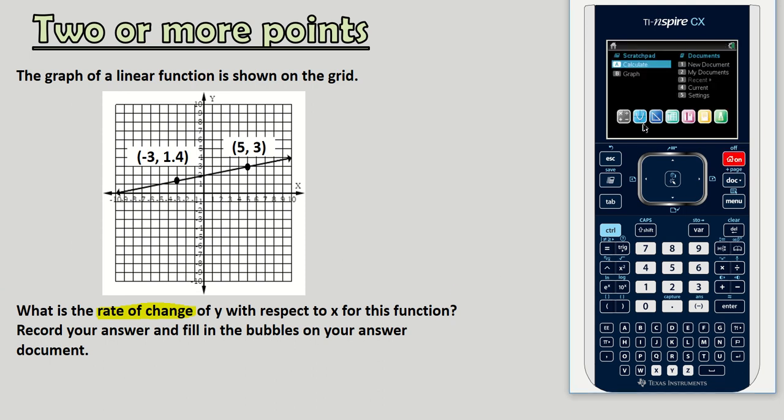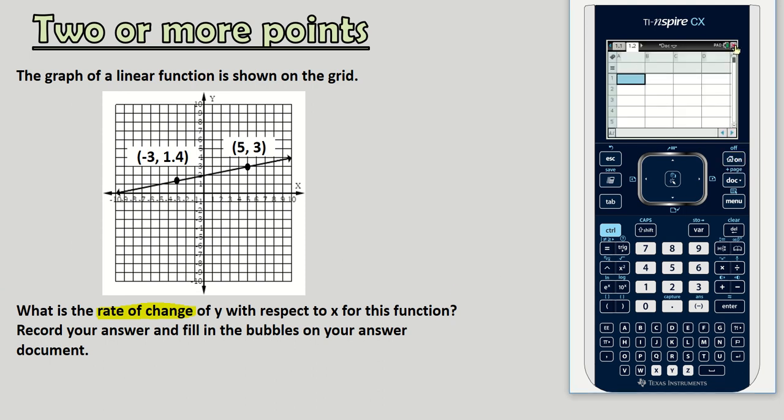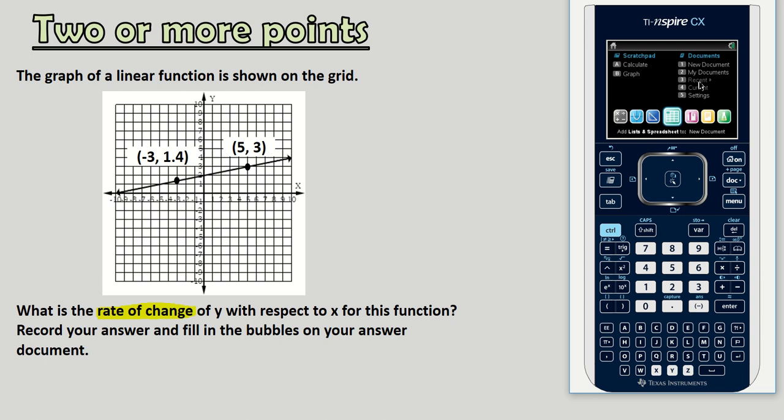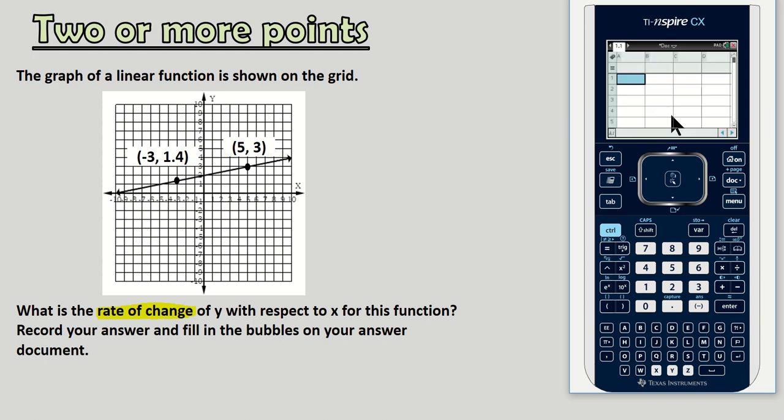Let me open up a new spreadsheet. Let me close this one because once I type in X and Y, I will get the points again. That's why I closed it, so I can start off with a new spreadsheet application. I'm going to type in the new values, which is -3 for the X and 5. And then I have 1.4 and 3 for the values of Y. We do the same thing, menu 4, 1, 3.